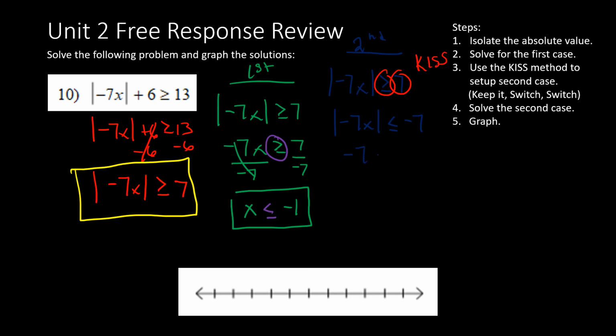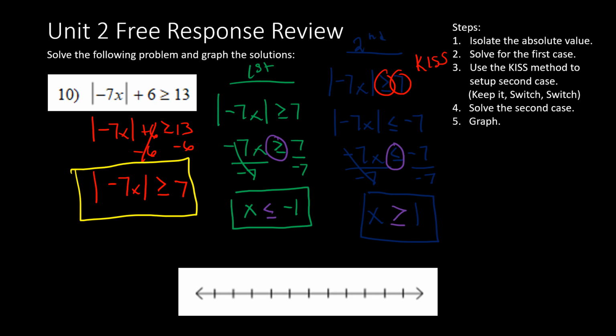We say negative 7x is less than or equal to negative 7. Divide both sides by negative 7. These simplify out. I get x. Negative 7 over negative 7 is a positive 1. Now, because we divided by a negative 7, which is a negative value, our sign flips again. So we have this here. So be careful, guys, when we're dividing or multiplying by negative numbers, not adding or subtracting, just multiplying or dividing by a negative number, your signs need to switch.